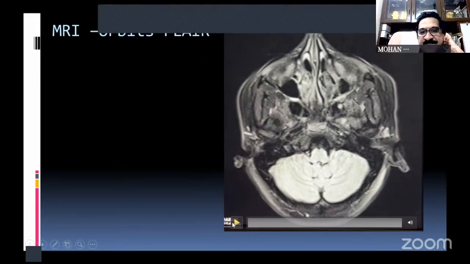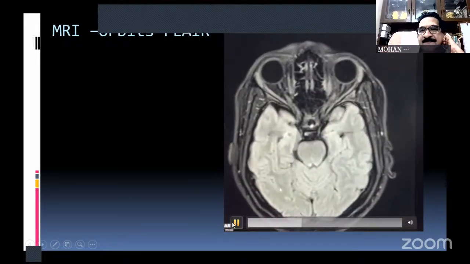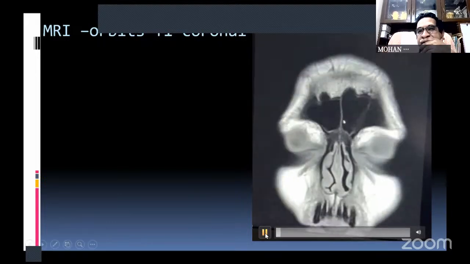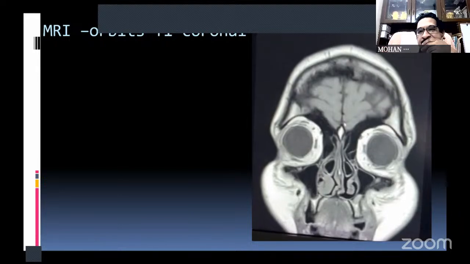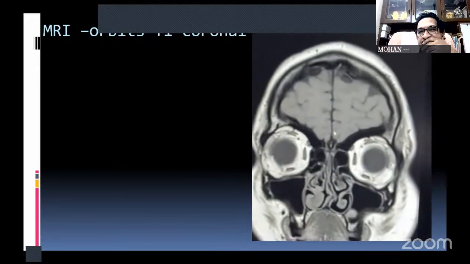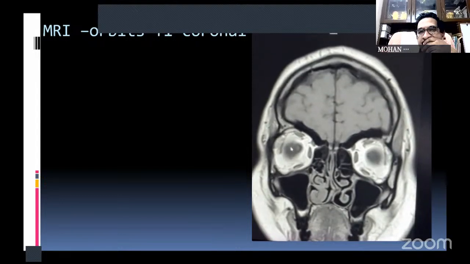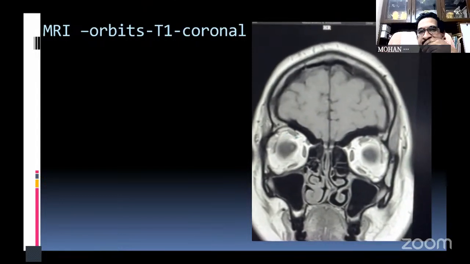This is the FLAIR, not contributory. This is the T1 coronal to find the muscle. This is the superior rectus on this left side.